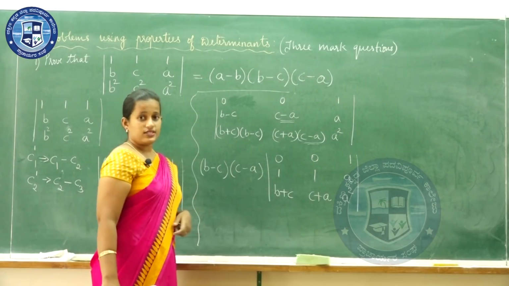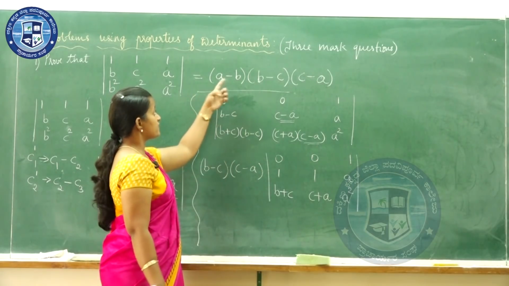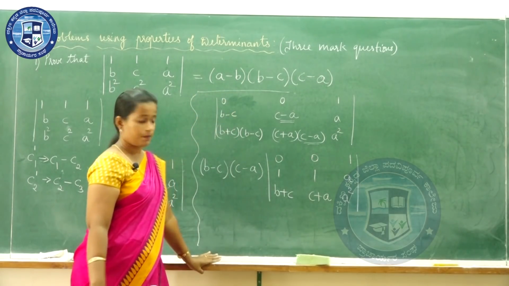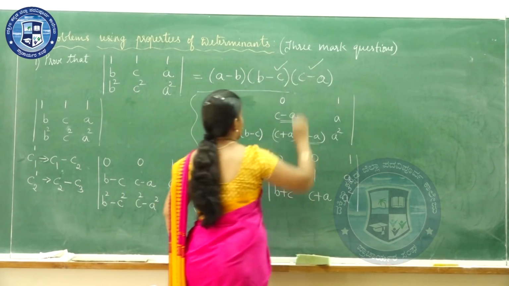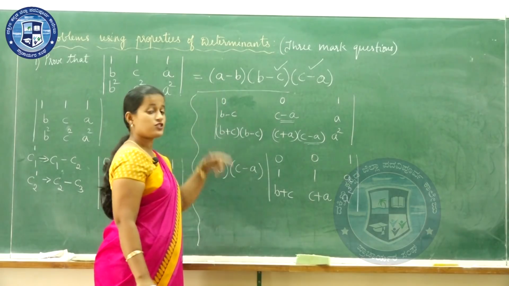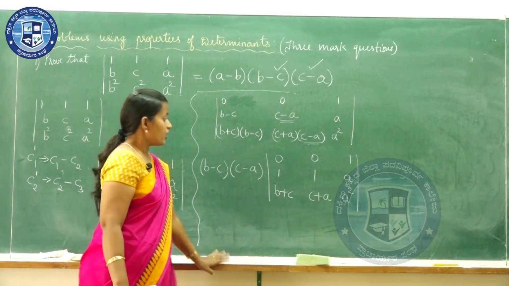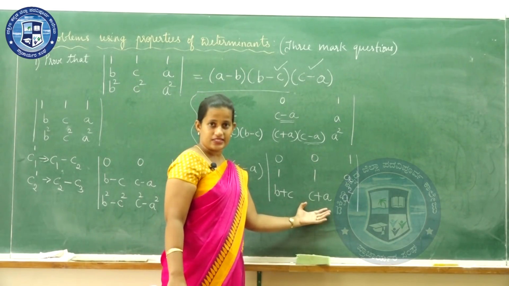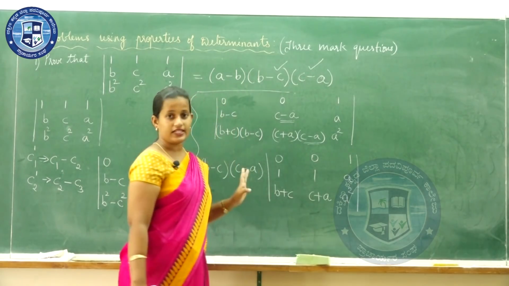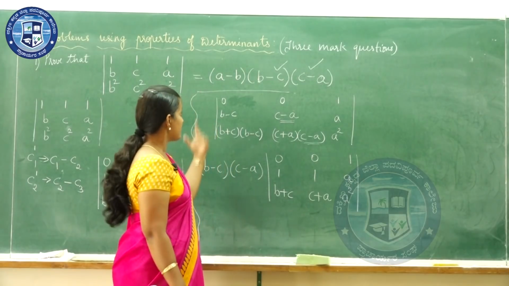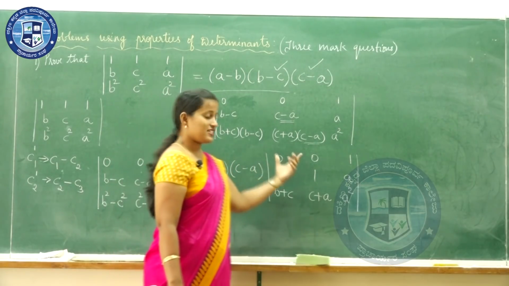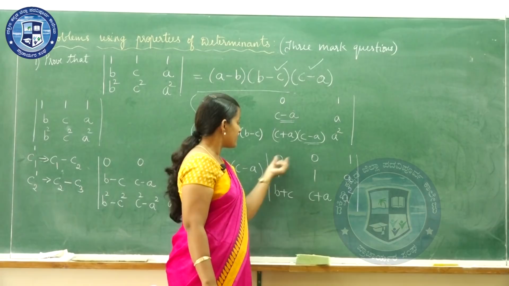Look at your RHS. You wanted A minus B, B minus C, C minus A. You are successful in getting B minus C and C minus A. Now, it remains to bring this A minus B. You simply evaluate this determinant, you will get A minus B. It is easy to evaluate this now, because here and here it is 0.